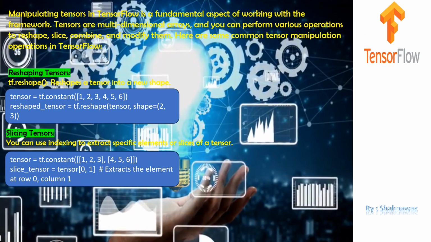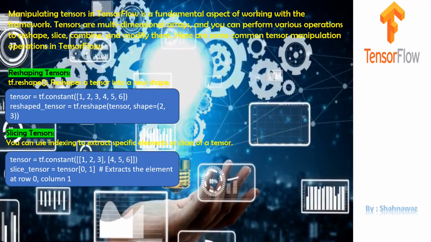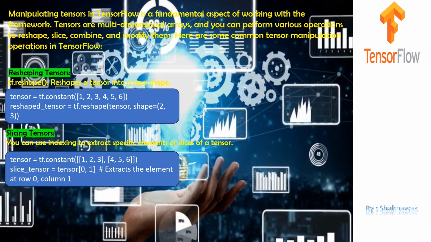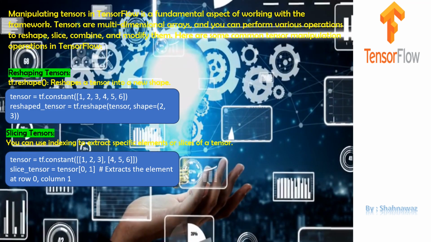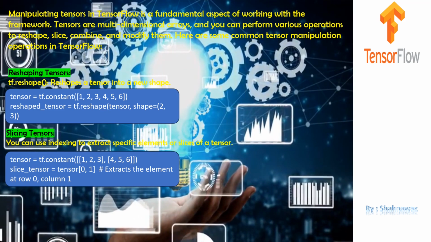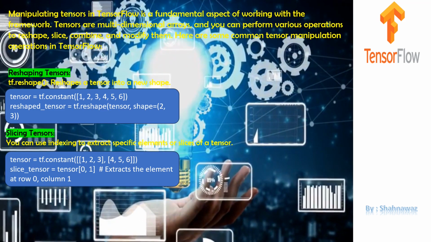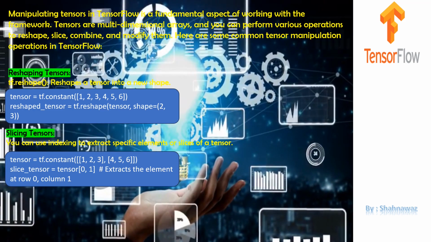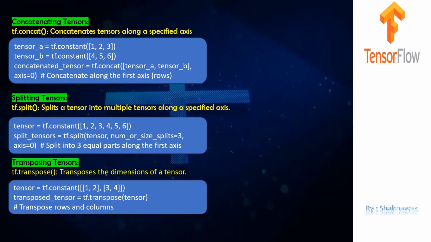Slicing tensors. You can use indexing to extract specific elements or slices of a tensor. Command is tensor equals tf.constant, 1, 2, 3, 4, 5, 6, slice_tensor equals tensor, 0, 1, #extracts the element at row 0, column 1. Concatenating tensors.